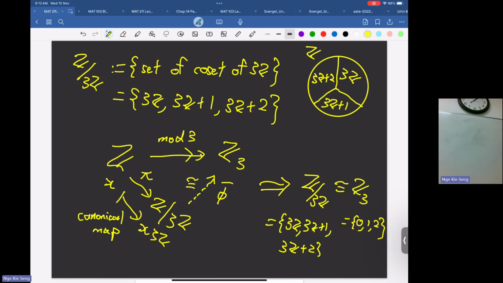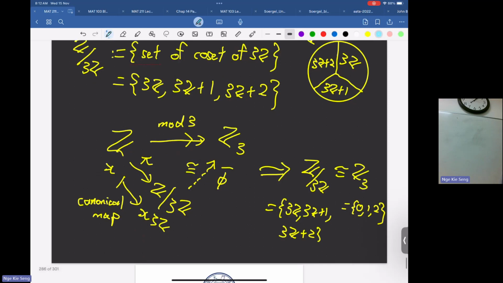On the left hand side, how do cosets compose? We just multiply cosets together. Recall how we multiply cosets together. For example, aN times bN. What do we get?